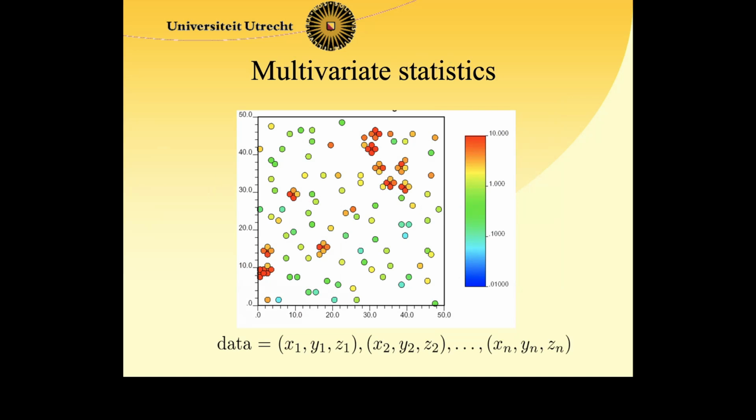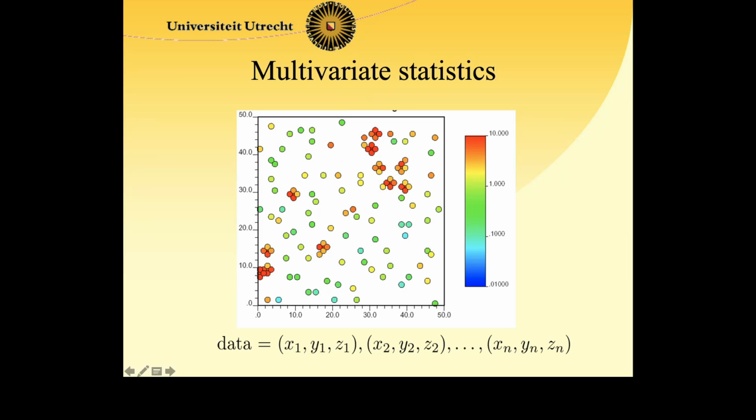And then finally, there's multivariate statistics. That is if you have three or more properties that are recorded for every sample. For instance, this is an image that you're going to see a lot more in this course. These are 140 locations where one has observed a certain variable, for instance, concentration of lead content in the soil.